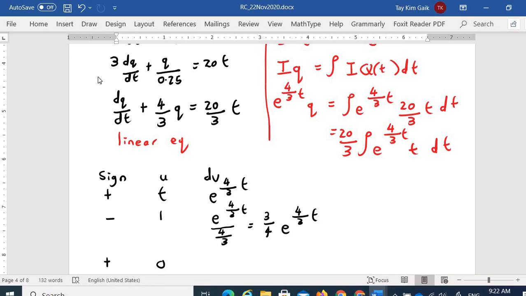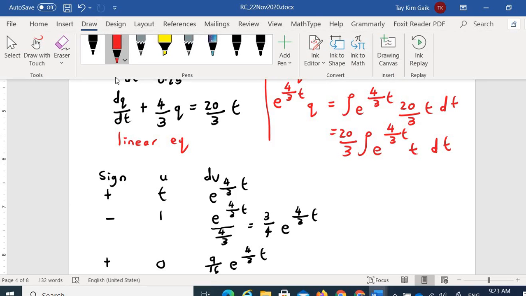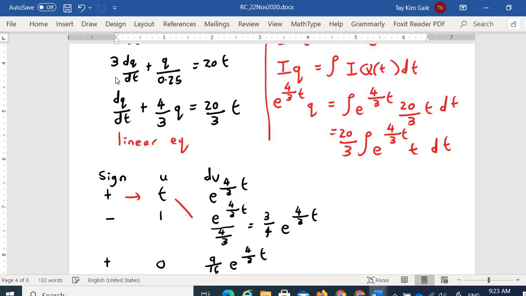If u is not a polynomial, let's say it is a sin or cos function, then you just need to do 3 rows. Then you integrate again, so this will be 9/16 e^(4/3 t). The horizontal row carries the integral symbol, because this is 0, that's why it is gone. So the result, you have these 2.